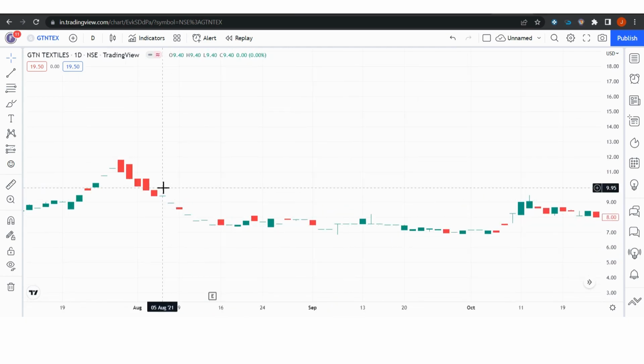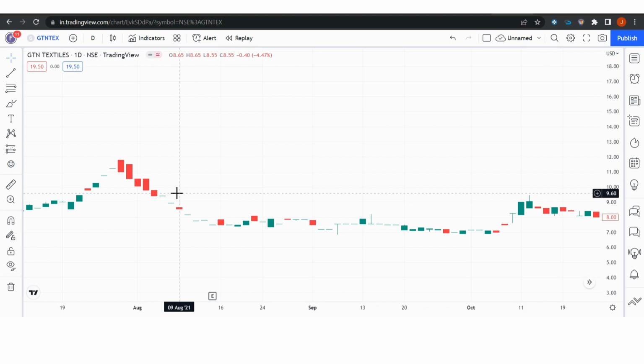Here you see 9.40. This is a case of a lower circuit, so I do 5% less than that, and it comes out to be 8.93, so here it will be 8.95. Again 5% less than that comes out to be 8.5. Just see over here, normal trading began here.